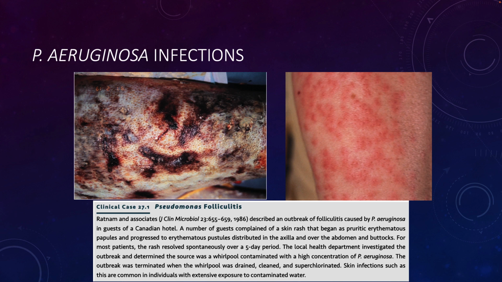I think she had like 35% total body surface area burns, which is significant, but not nearly as high as we've seen. And everywhere that she was burned was green because of a Pseudomonas infection, and it just took hold and killed her very quickly.